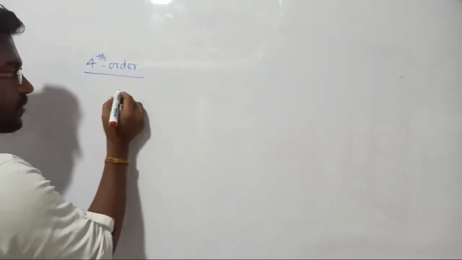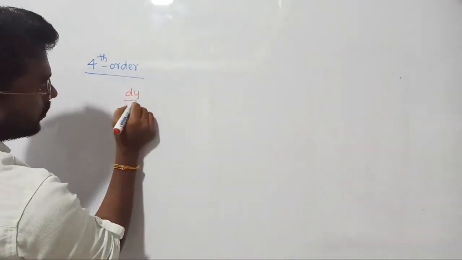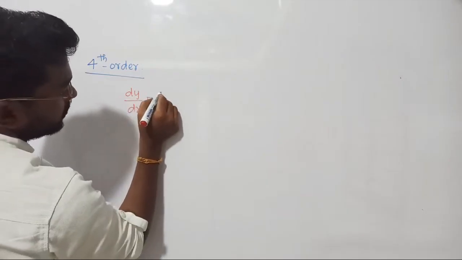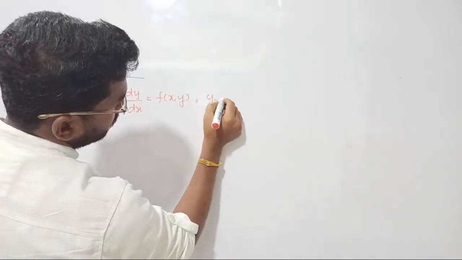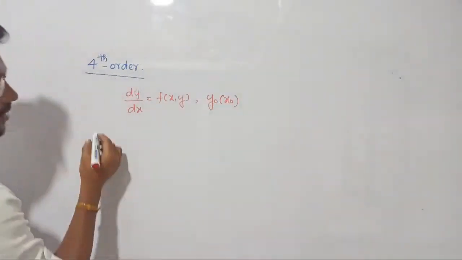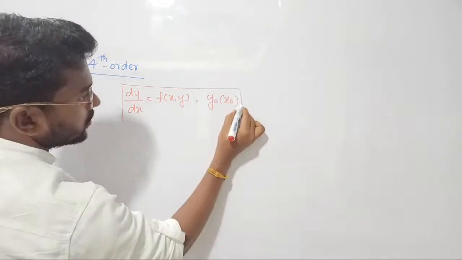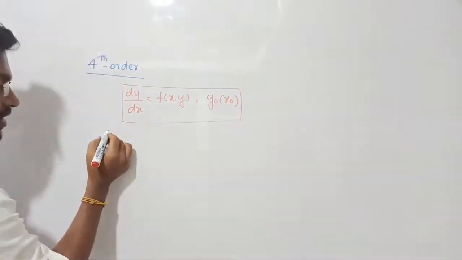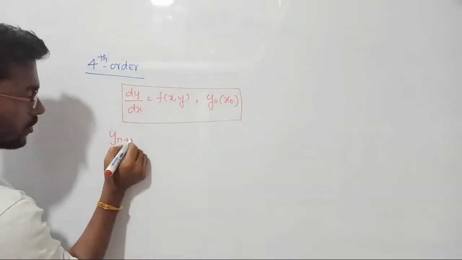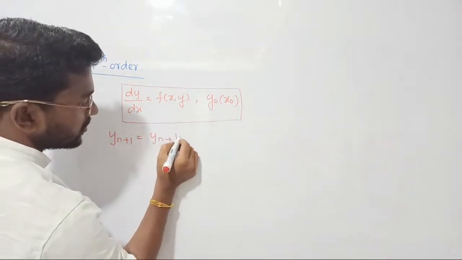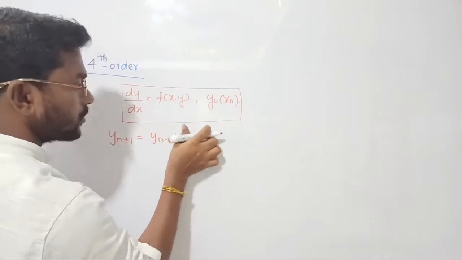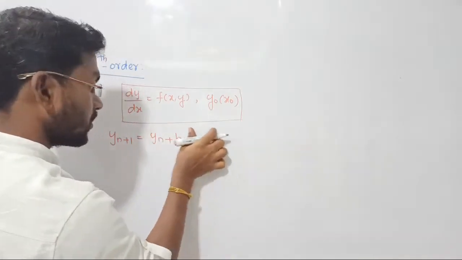Fourth order method, once again the differential equation will be given to you, functions will be defined, the initial value y naught of x naught will be given. The next iteration, that is yn plus 1 with Runge-Kutta fourth order, is yn plus, sorry guys, I was writing the direct method here.